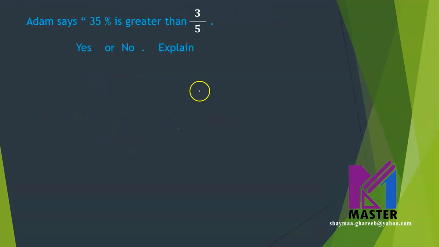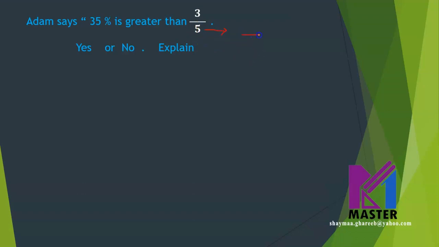Now look at this question. Adam says 35% is greater than 3/5. Yes or no, and explain. What do you think? So first, I need to change the fraction into percent to be able to answer. If I have 3/5, we said I will multiply by 20 up and down.